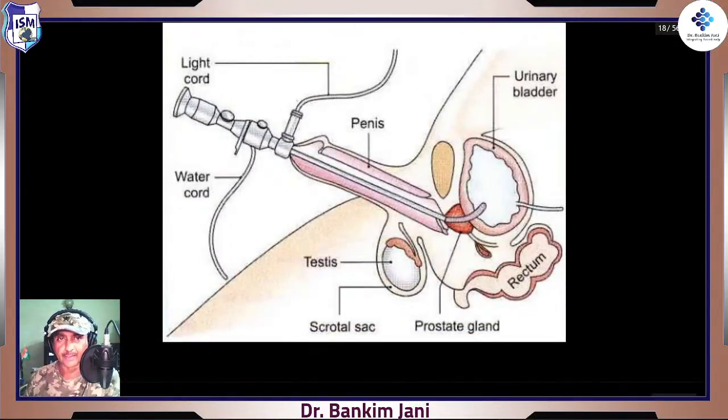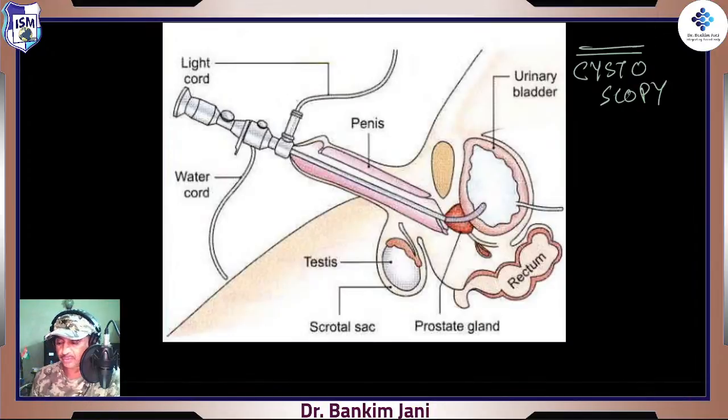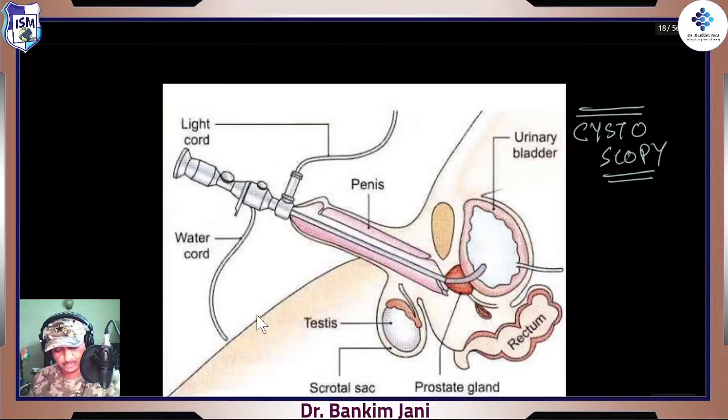Here it is. That's what is called cystoscopy. Cyst means space, so here we are dealing with the bladder, and scopy means to examine. So to examine the interior of the bladder is what is called cystoscopy. Via the penis, this cystoscope is inserted and there is a camera attached, and it is attached to a light source, and you watch things on the monitor.